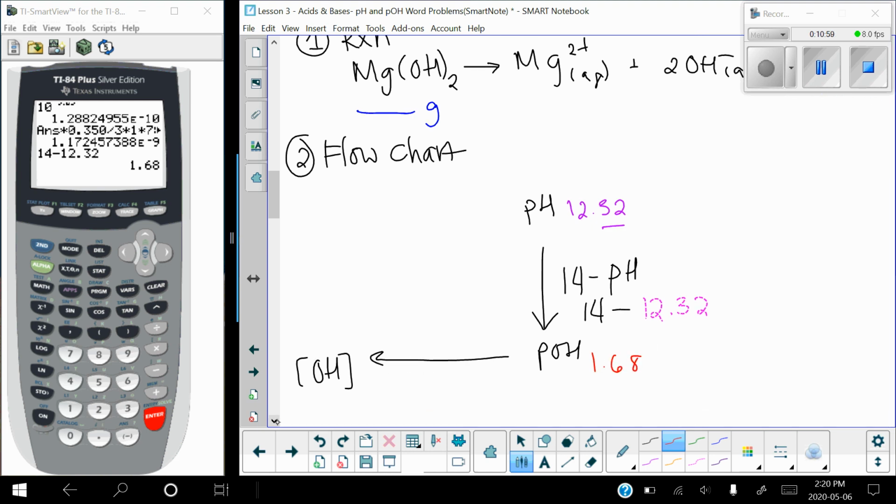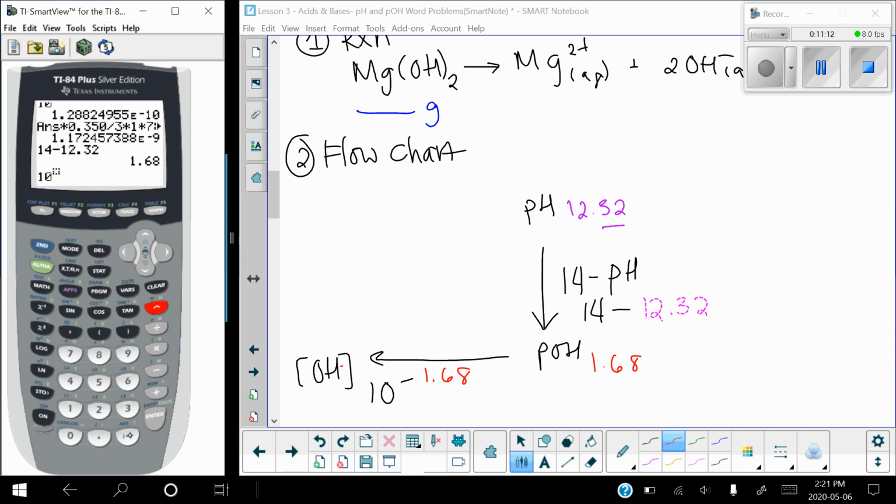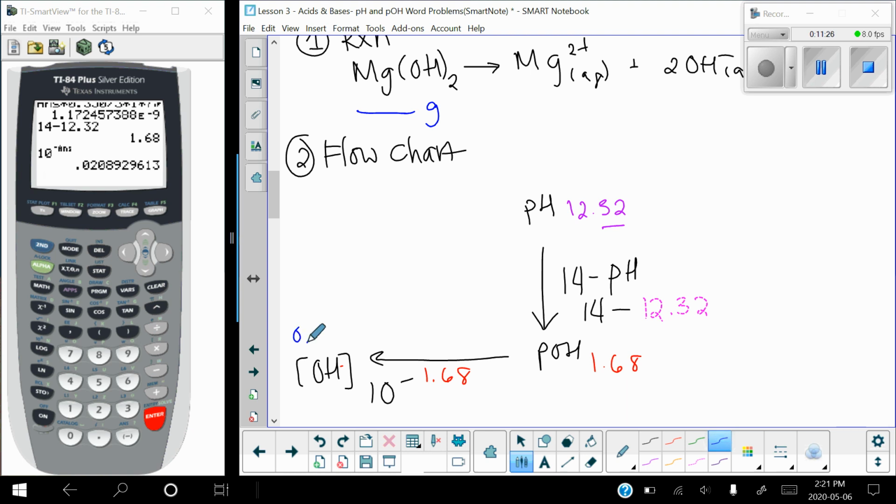Great, now let's find our hydroxide concentration, which is 10 to the power of negative 1.68. So 10 to the power of negative 1.68 gives me a hydroxide concentration of 0.0289 moles per liter.